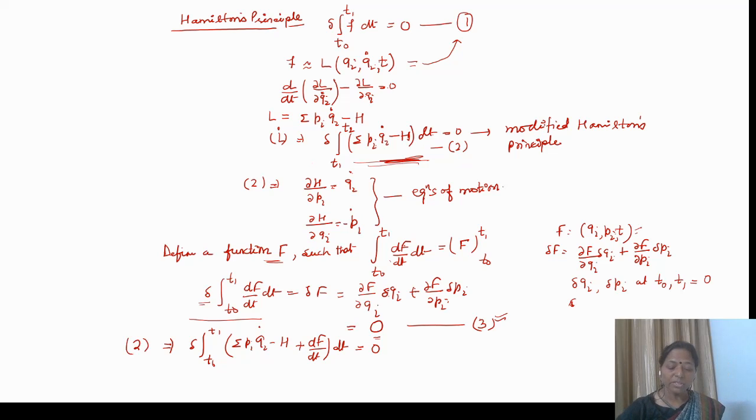Now what does Hamilton's principle say? Hamilton's principle says that this is 0. If I have added this, this is also 0. But this does not mean that both the integrands in the two expressions are the same.